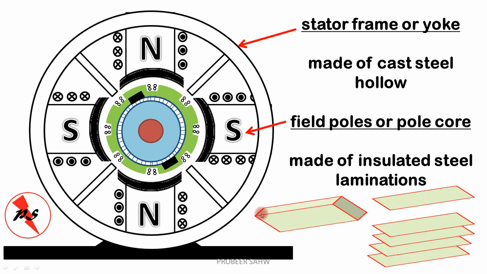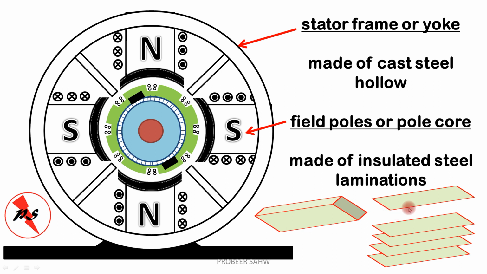If it is made of a single piece like this, then the area through which eddy current will circulate will be broader, and then eddy current loss will be high. Whereas if we consider the thickness of a sheet of steel, it will have a very small path for circulation of eddy current. Therefore, eddy current losses will be less.